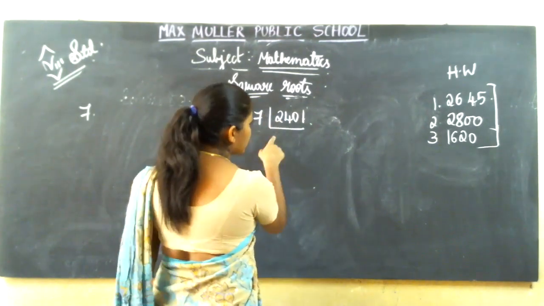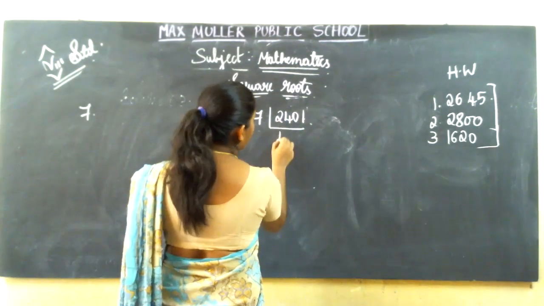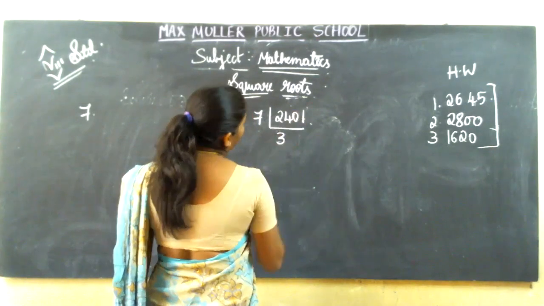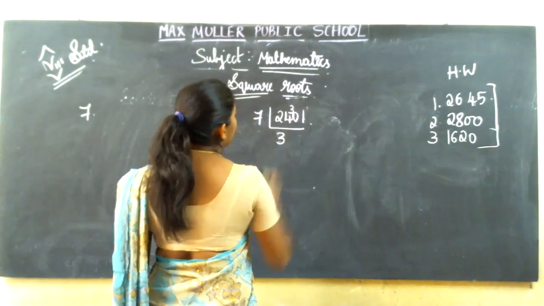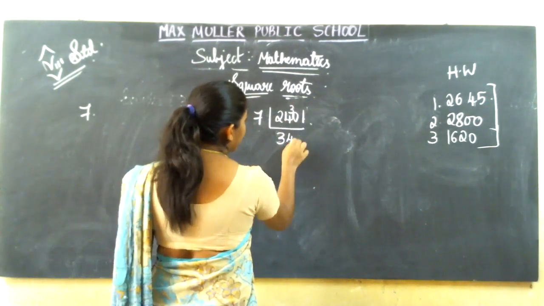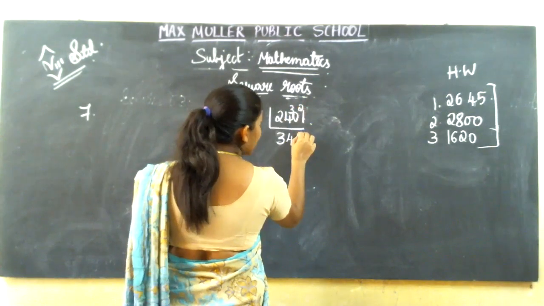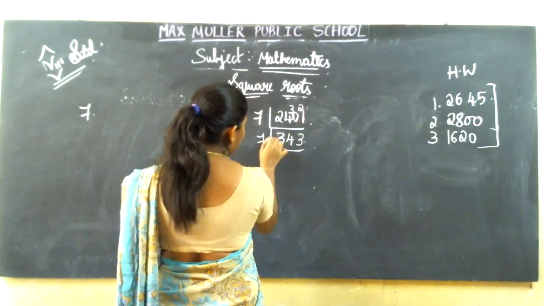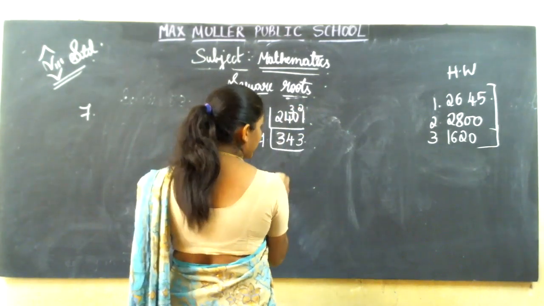So let us go for 7. 7 threes are 21, 22, 23, 24, 3 carry, and 7 fours are 28, 29, 30, 2 carry, 7 threes are again 21. Now 7 fives are 35.